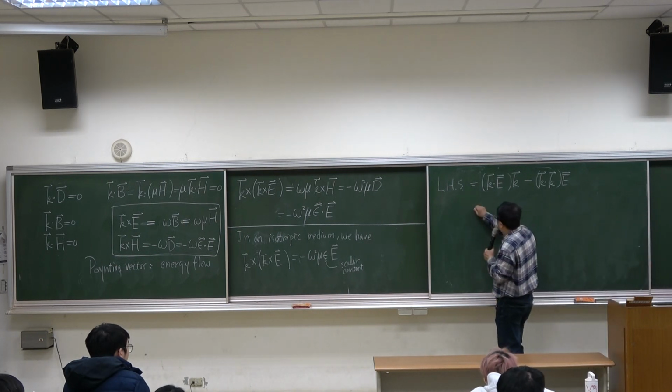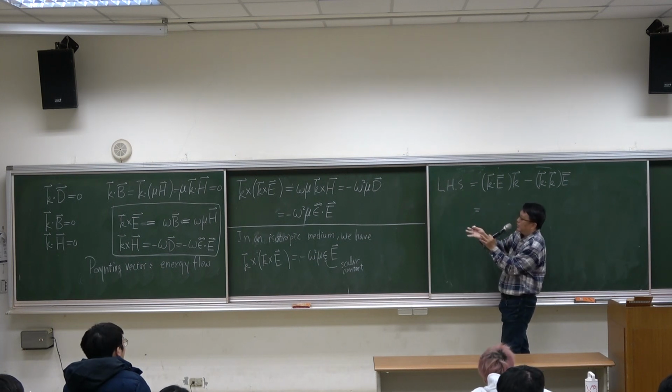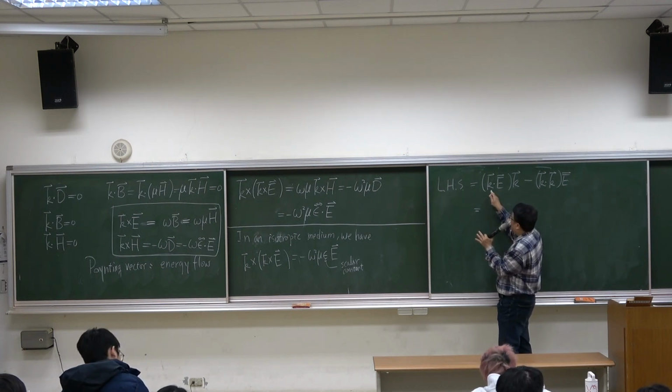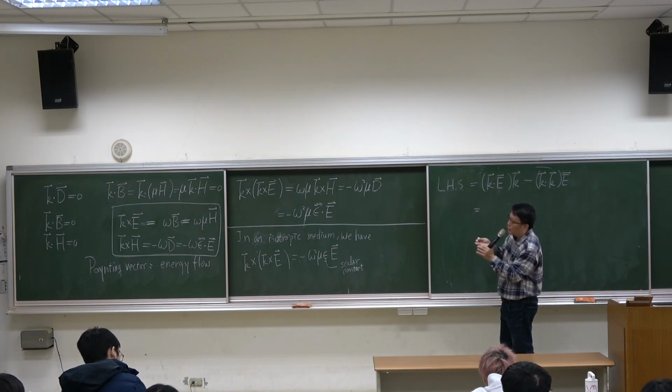However, in isotropic medium, since E is parallel to D, K dot D is 0, so K dot E is also 0.